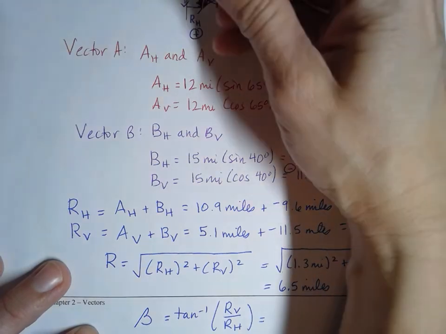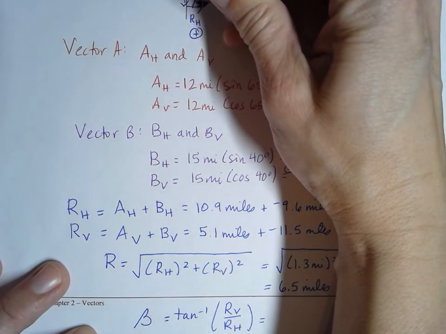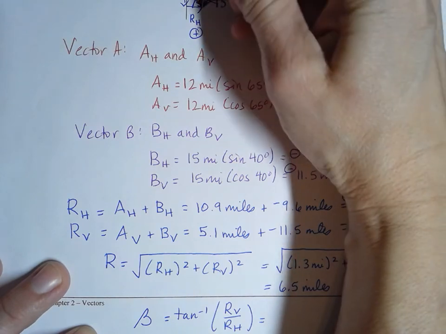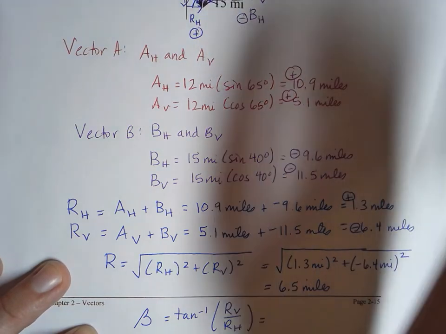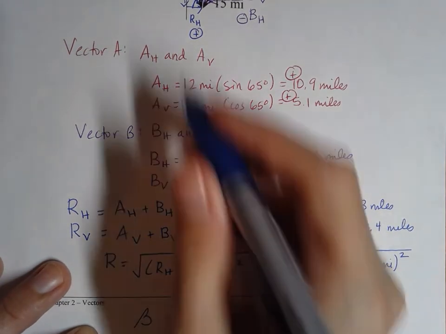So what I'm really finding here is, you can think about it this way, this angle here, but remember from our geometry that this angle here is equal to that angle. So that's going to give us that same value.